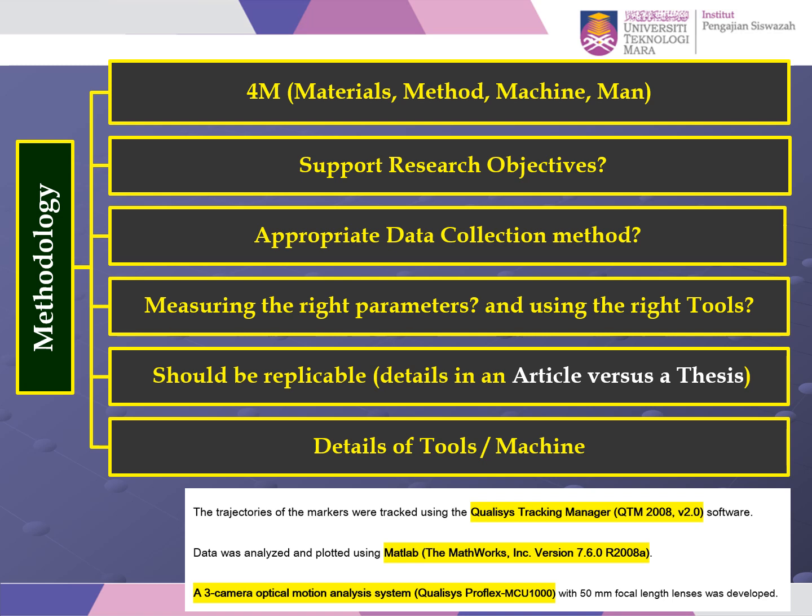So, did you mention the materials, method, machine, and man used clearly there? Does your methodology support your research objective? It means that by doing your methodology, your research objective could be achieved. Are you using the appropriate data collection method? Are you measuring the right parameters and using the right tools?